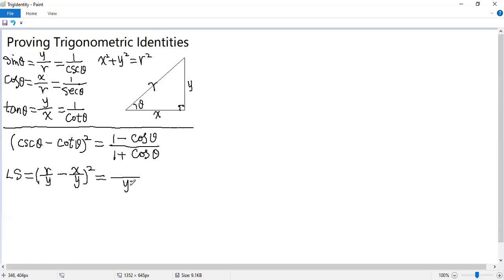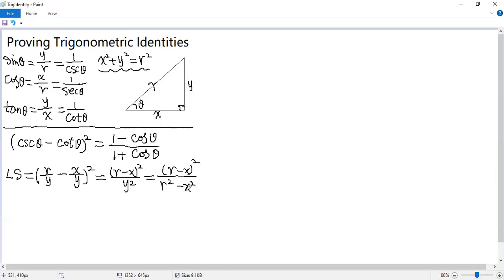So we get y squared at the top, r minus x squared. Using this formula, we can change y squared to r squared minus x squared. So the bottom is r squared minus x squared. The top still r minus x squared.